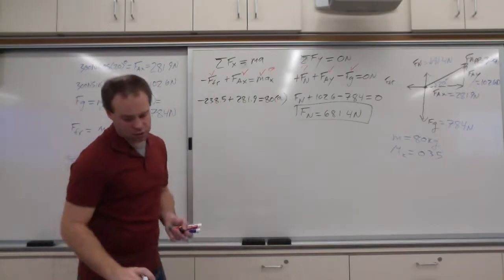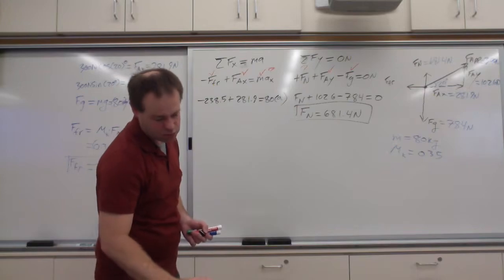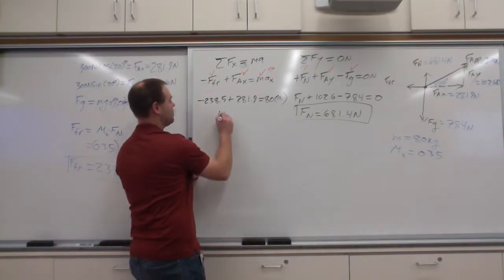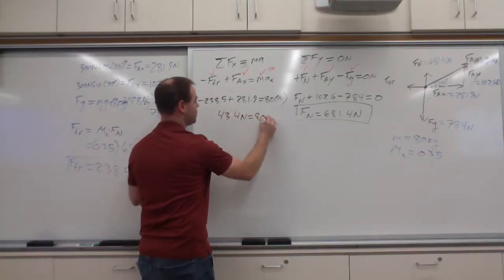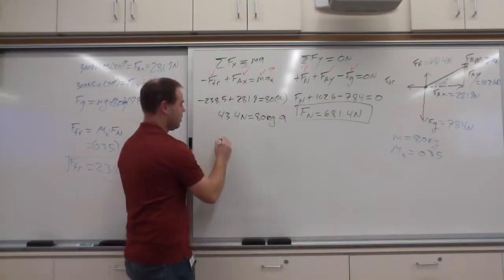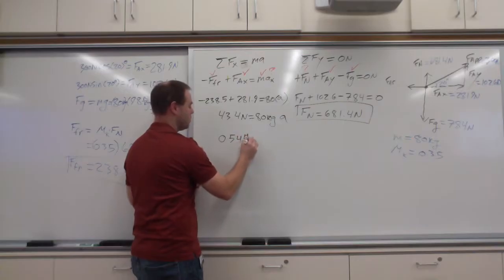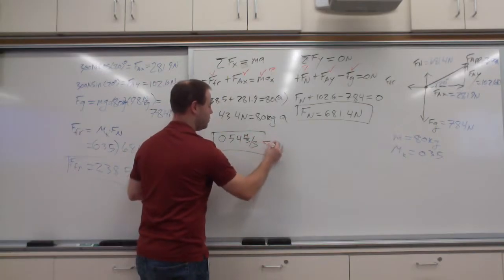So we combine those two, those add up to 43.4. So 43.4 newtons is going to equal 80 kilograms times our acceleration. Divide the 80 over, and we find that our acceleration is 0.54 meters per second squared right there.